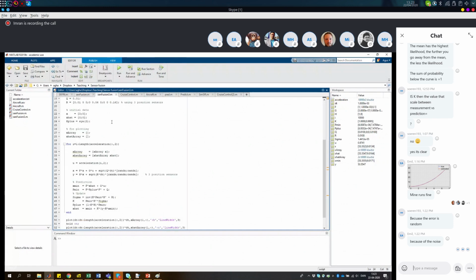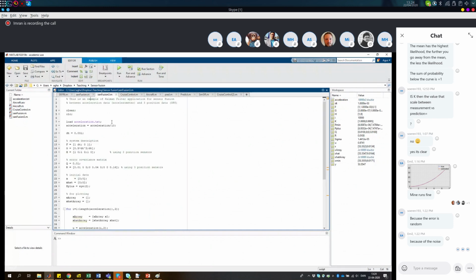Okay, and then how if we have, let's say, 3 sensors? This is a problem that one of the master students working with me is working on, an indoor positioning system.